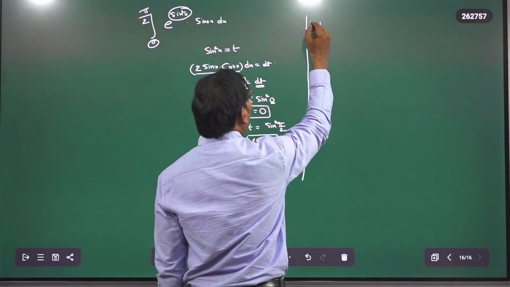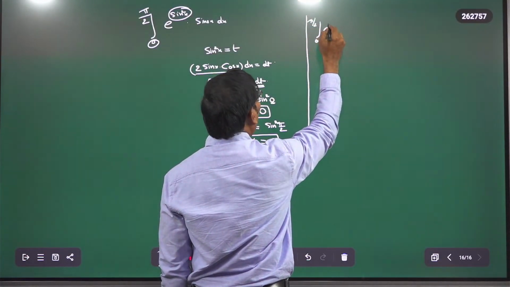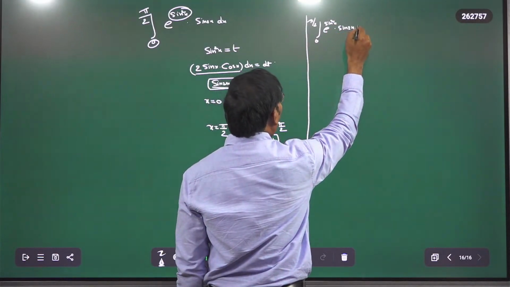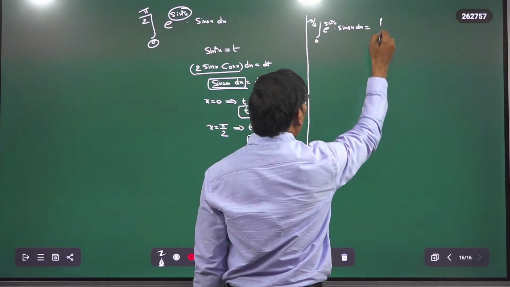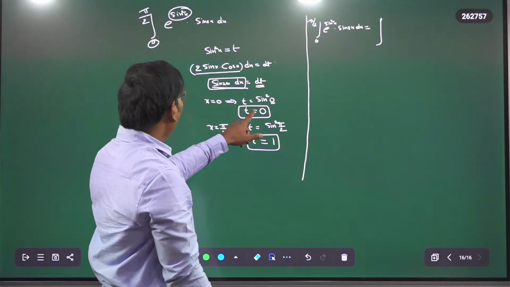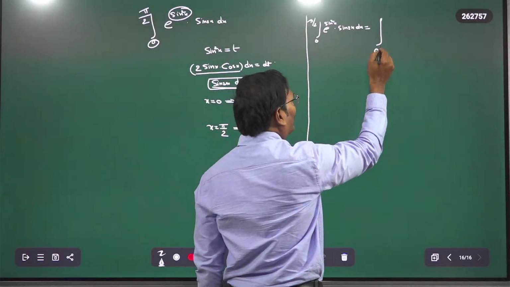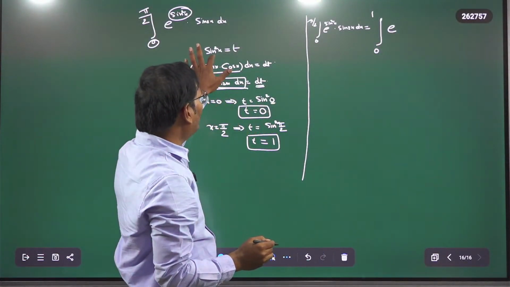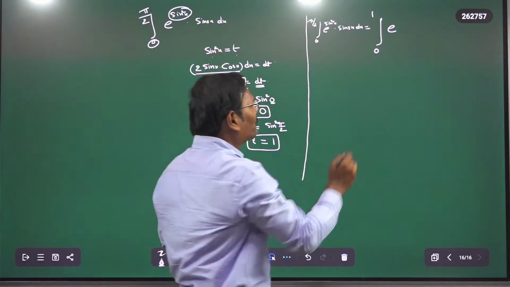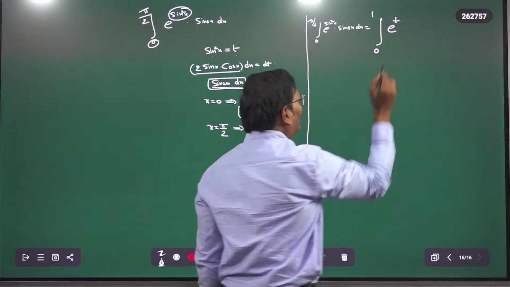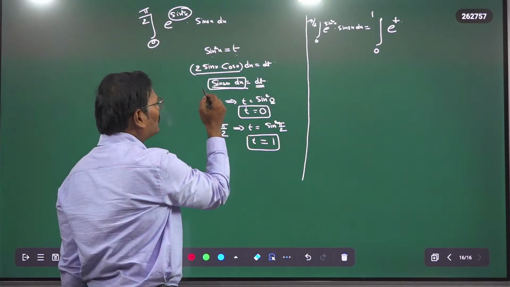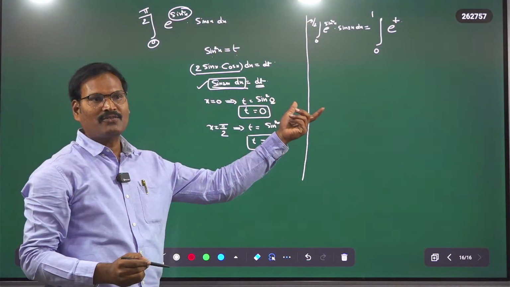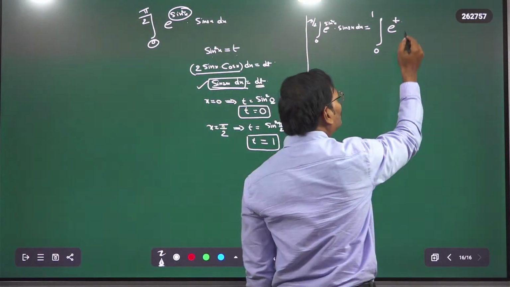So integral 0 to pi by 2 e power sin square x sin 2x dx is equal to integral, lower limit 0 and upper limit 1, e power t dt, where sin square x is t. I already told you, whenever you get sin 2x into dx, you can directly substitute dt.